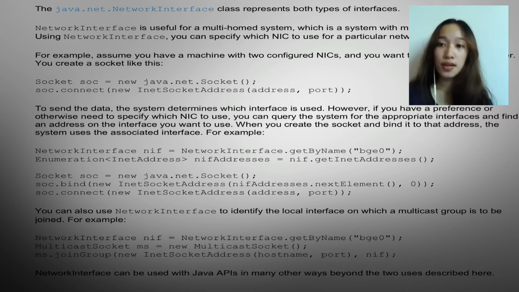You can also use a network interface to identify the local interface on which a multicast group is to be joined. Here is also an example. So a network interface can be used with Java APIs in many other ways beyond the two uses described here.